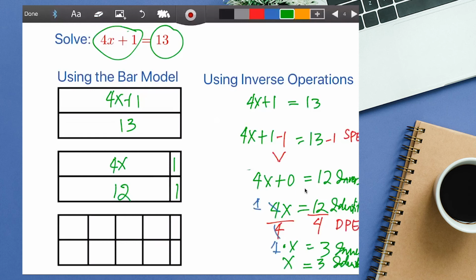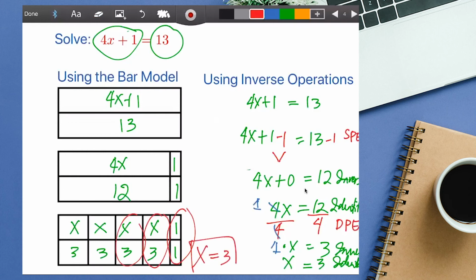Then further we can break down or decompose our 4x as x, x, x, and x. Then copy the 1, and we're going to decompose 12 into 3, 3, 3, and 3, and 1. So notice that these are equal. So x is equal to 3, x is equal to 3. So our solution here is x is equal to 3.